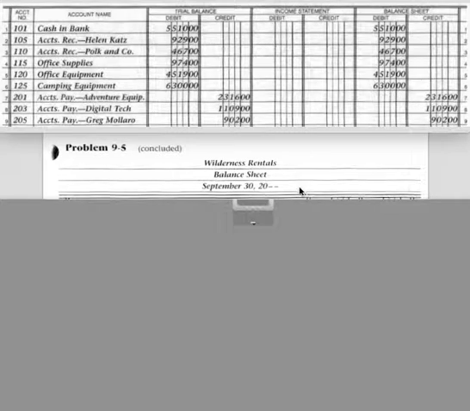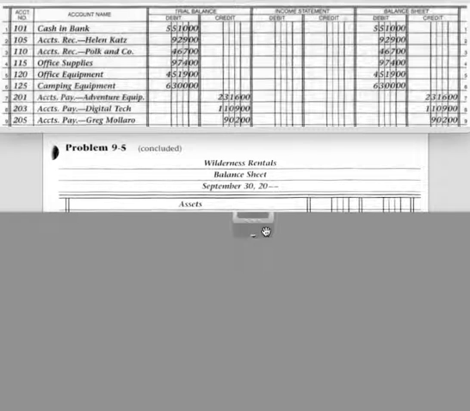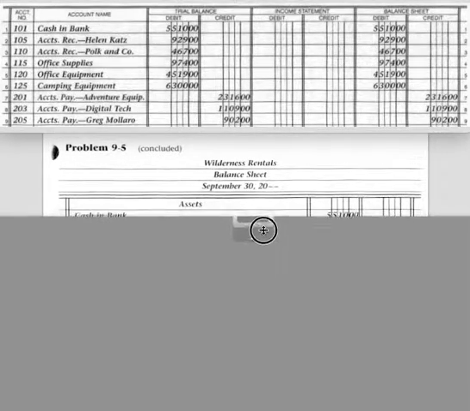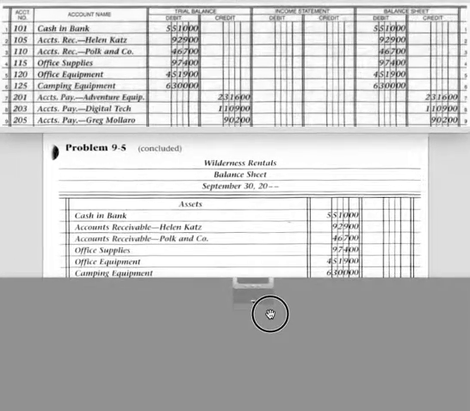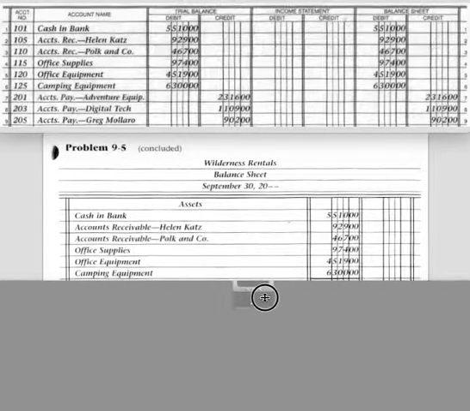The first part of the balance sheet is where we list the assets. So on the very first line, you're going to center the word assets. And then you're going to list the assets, left align them, and you're going to record their balances in the left-hand column, because that tells us that we'll be adding them together.